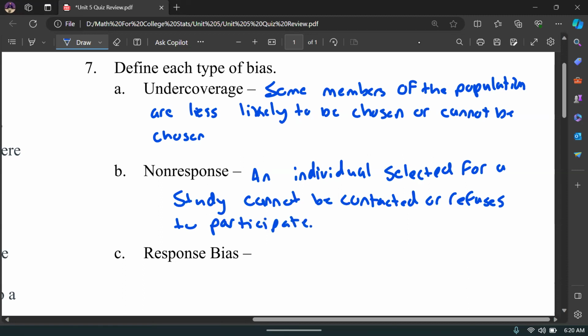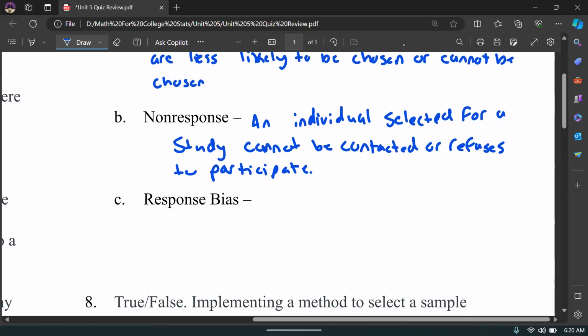So here you go. Non-response: people can't be contacted or they refuse to participate. They are not responding to your survey.